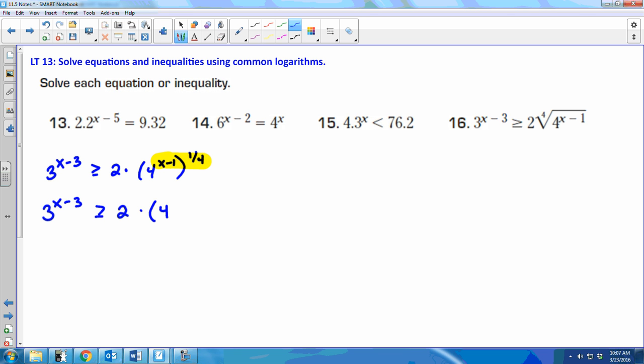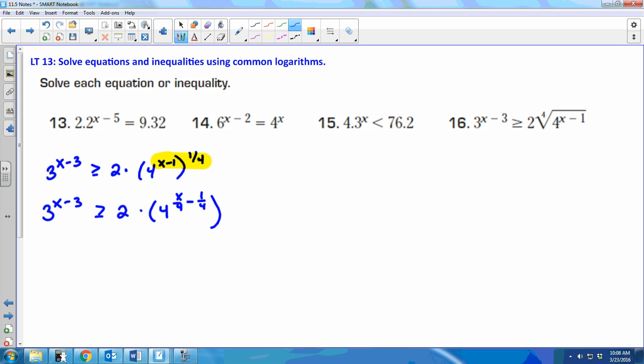So you can either have x minus 1 all over 4, or x over 4 minus 1 over 4. Either way, it'll work out. You choose. Any questions about what I've done so far? Again, this is not the only way we can do this.